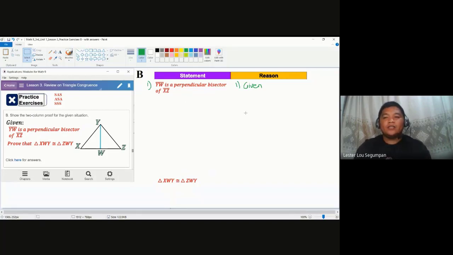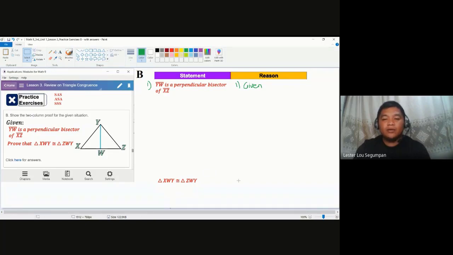So again, when we try to come up with our proof, we always look at the given. The given is that segment YW is a perpendicular bisector of XZ. What other relationships can you come up with? First, if it's a perpendicular bisector of XZ, that means W cuts XZ into two equal parts.